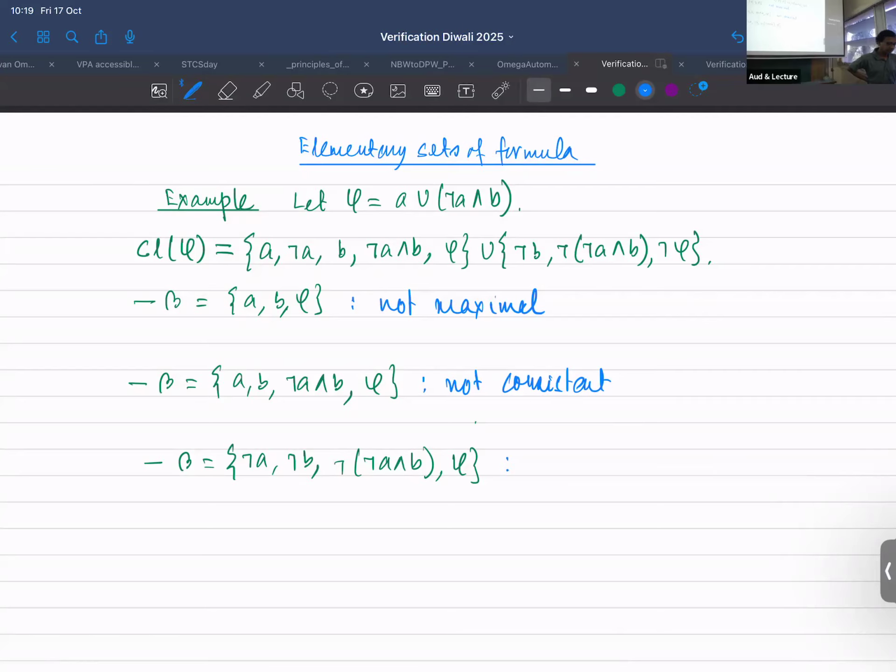So psi is not satisfied. I did not understand. You were saying it is not consistent. I think it is consistent, because not of not a and b we can think of as a or not b. And we have the not b here. Yes, I have the not b here. Propositionally, this is consistent. Yeah, propositional consistency is there. Right?